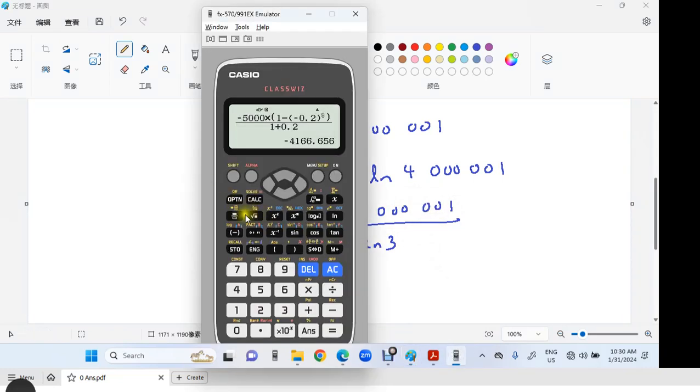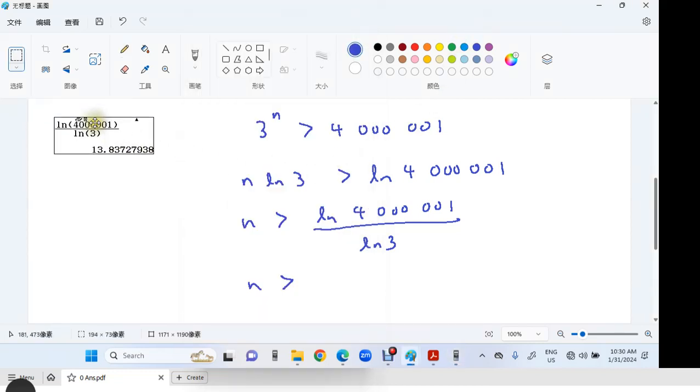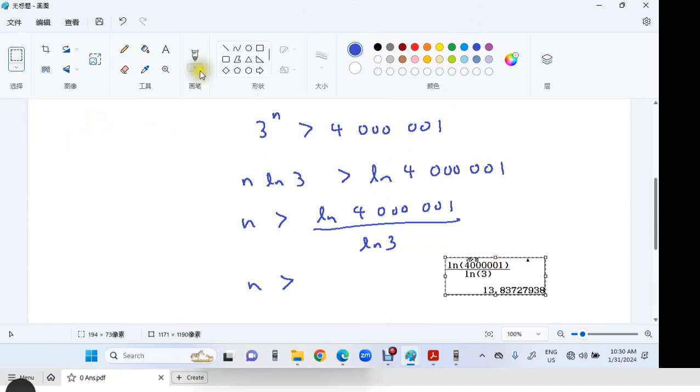Okay. So we have the ln of 4,000,001, then divide by the ln 3. So the answer is 13.83, so 13.84. Therefore, the n is 14.